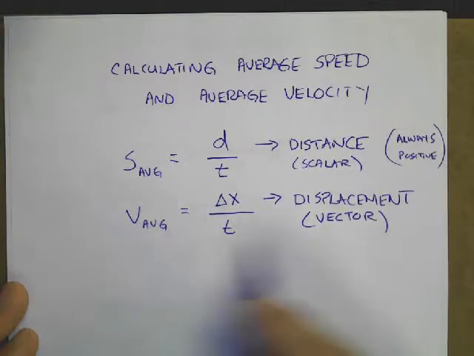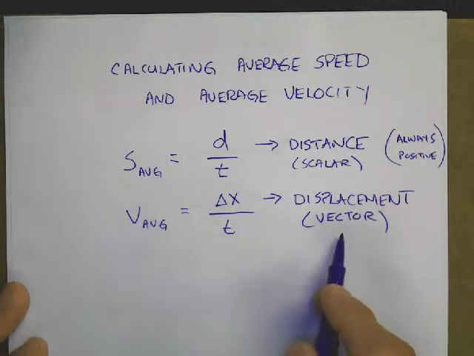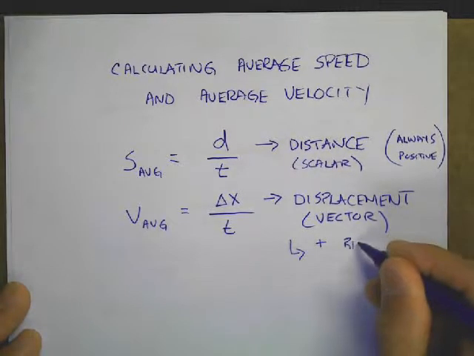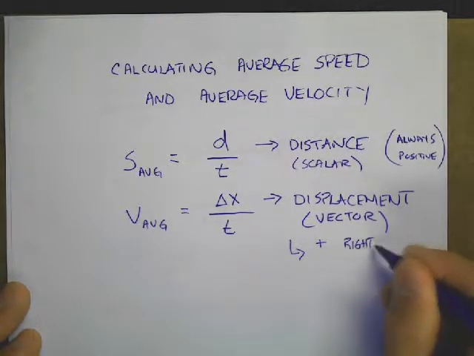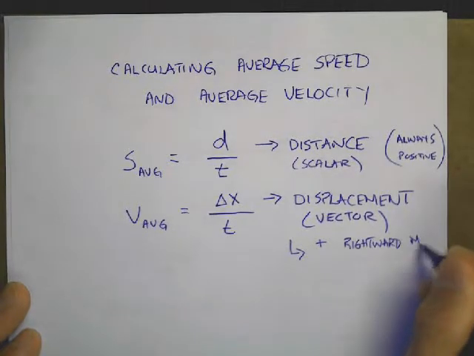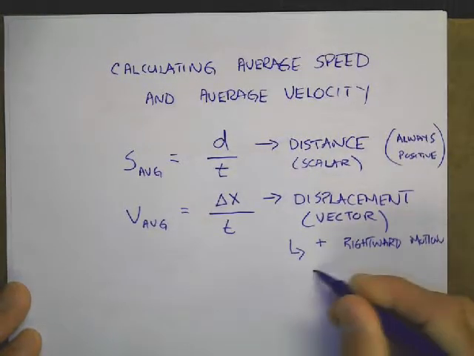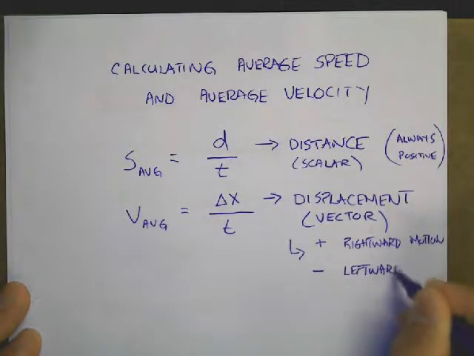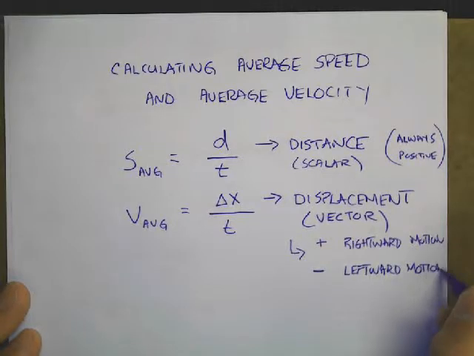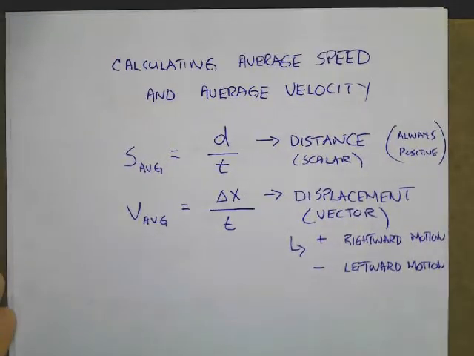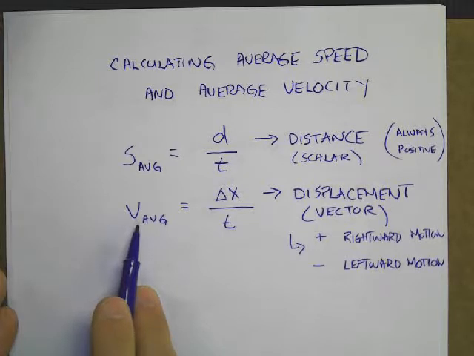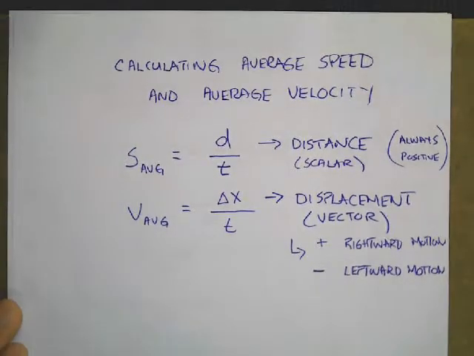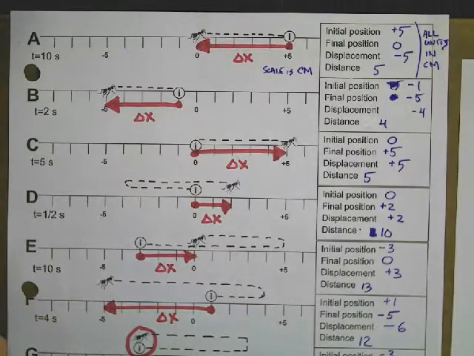But when you talk about average velocity, since it's a vector, then plus and minus makes a difference. And so positive means kind of rightward motion, and negative is going to mean leftward motion, okay? So these are different things. You've got scalar quantity, vector quantity, speed, velocity.